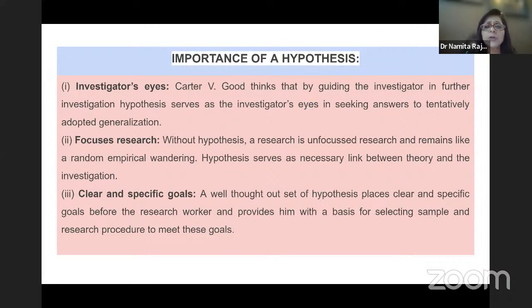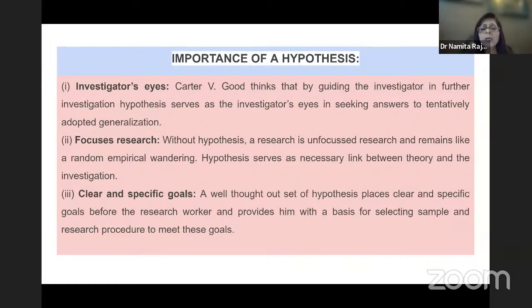There's a deep importance of the hypothesis, like the investigator's eye. So Carter V. Good says that by guiding the investigator in the future investigation, hypothesis serves as the investigator's eyes in seeking the answers to the tentatively adopted generalizations. See, in the contemporary world you have a lot of generalizations which you make like this, but generalizations are not accepted at large.